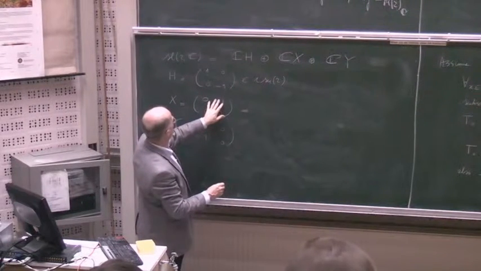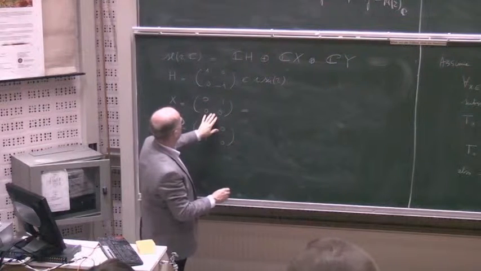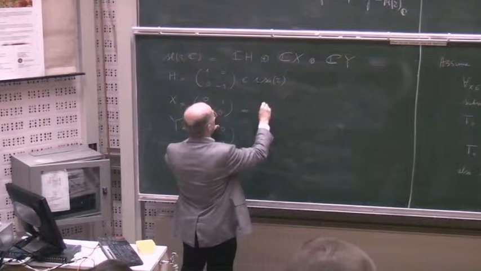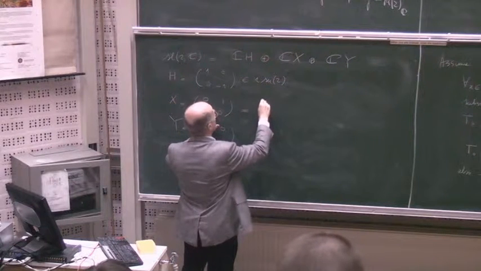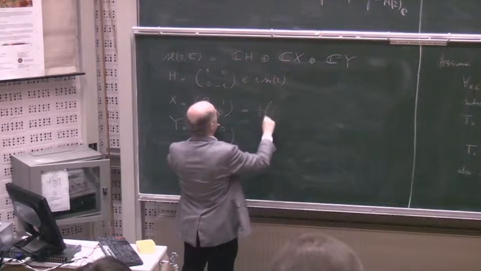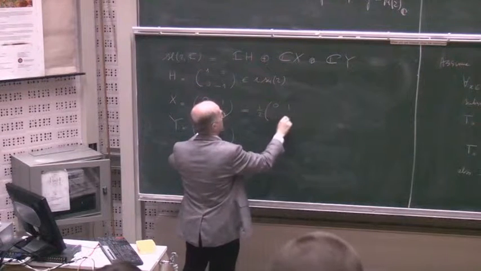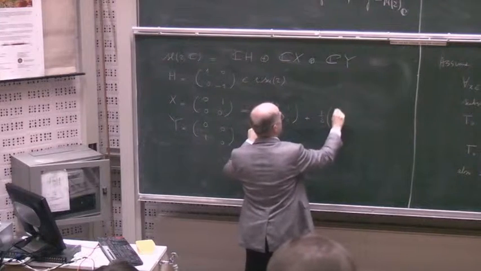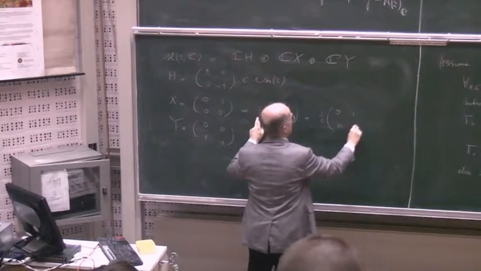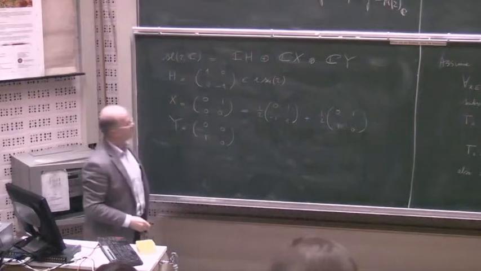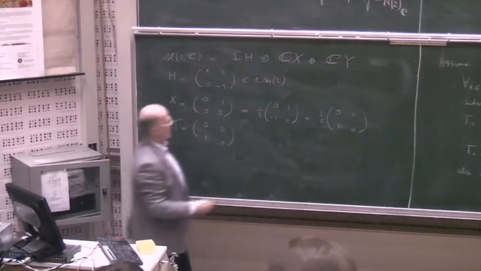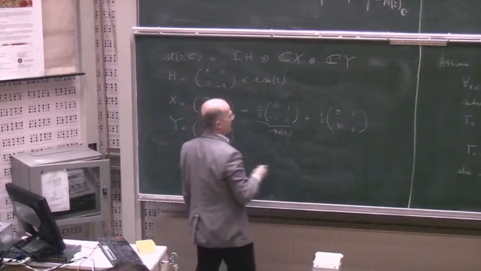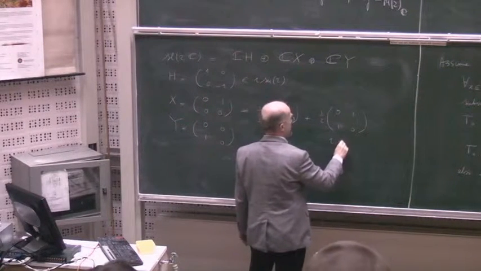This is by subtracting from X the Hermitian conjugate of X. So this will be 1/2 times 0, 1, minus 1, 0. And then we are left with 1/2 times, and now we'll get the symmetric part. Right? And now this is an element of SU2, and this is an element of i times SU2.